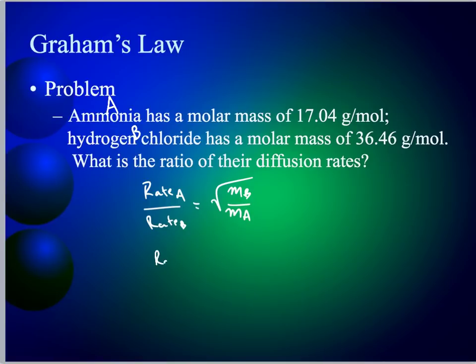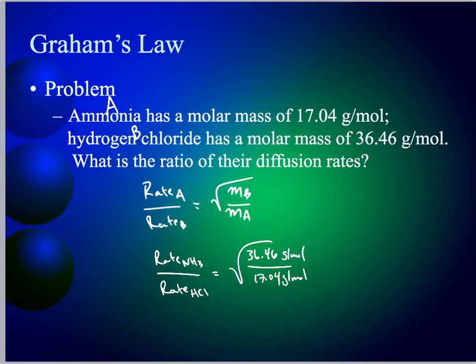So that means the rate of ammonia compared to the rate of HCl, hydrogen chloride, is equal to the square root of 36.46 grams per mole over 17.04 grams per mole. If you notice here, all the units cancel, so the number I'm going to get actually has no units. So if I plug that in, 36.46 divided by 17.04, and take the square root of that, and we will use four significant figures, 1.463.